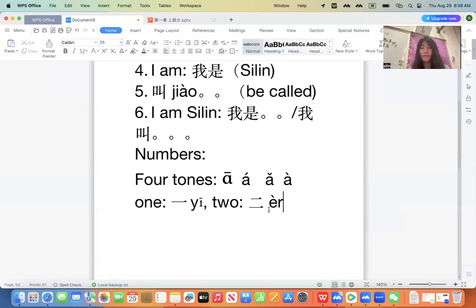If you pay attention and listen, you're emphasizing it, so it's the last tone, er. And the gesture is two fingers. Okay, next one, 3.